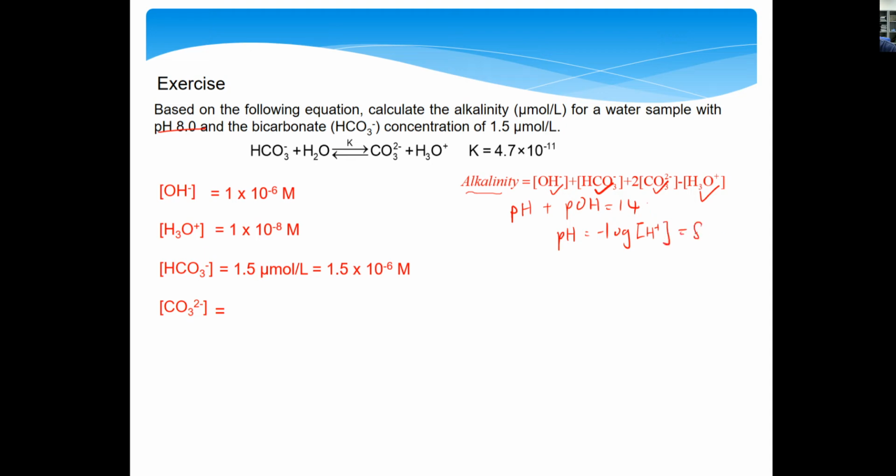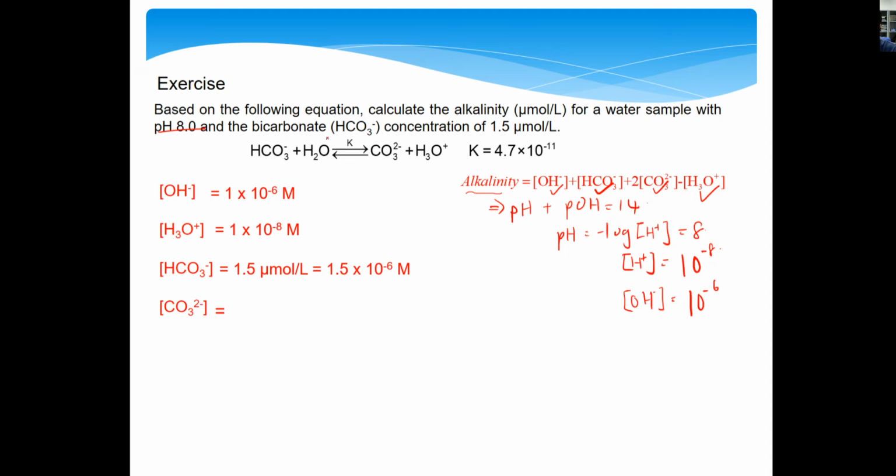In this case, it's 8. So the hydrogen ion concentration will be equal to 10 to the power of negative 8. By using pH plus pOH equal to 14, the hydroxide ion concentration would be 10 to the power of negative 6. So all these add up together to become 14.